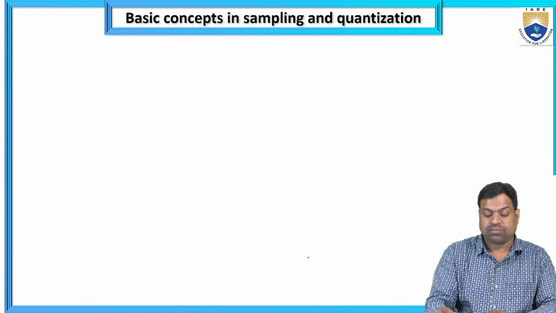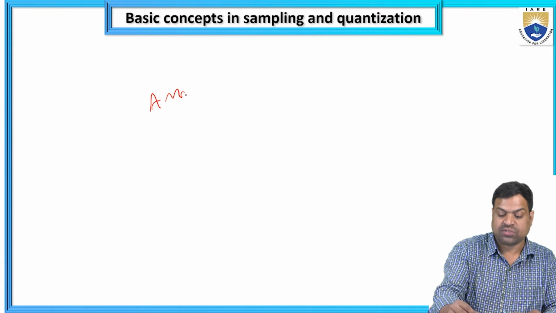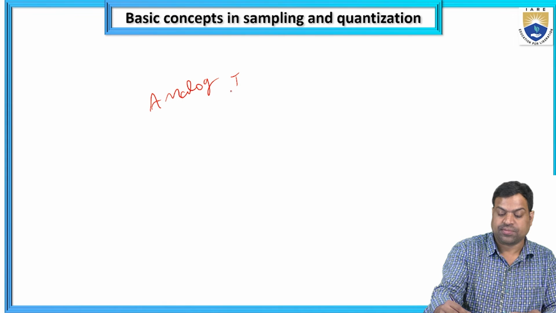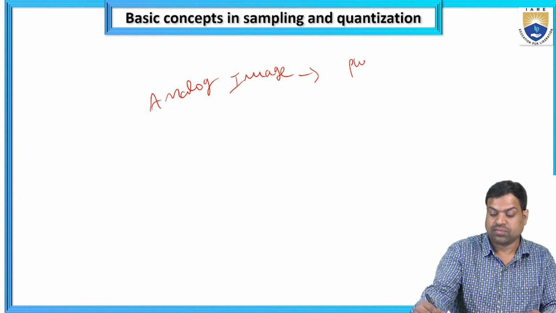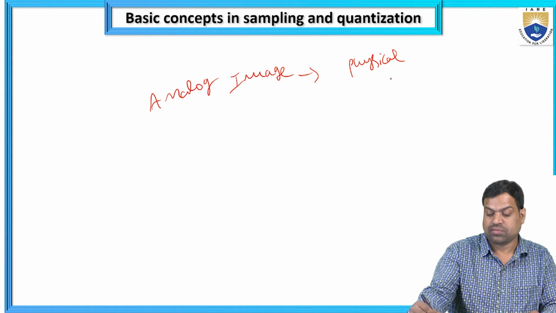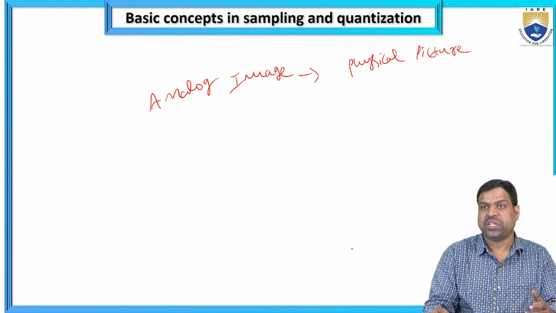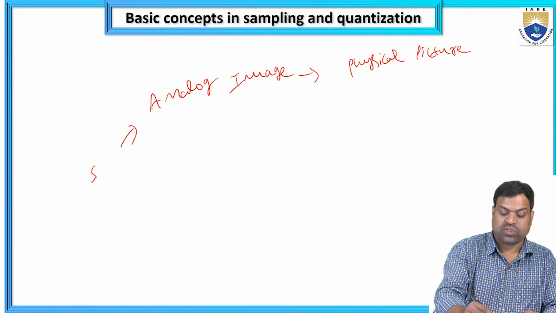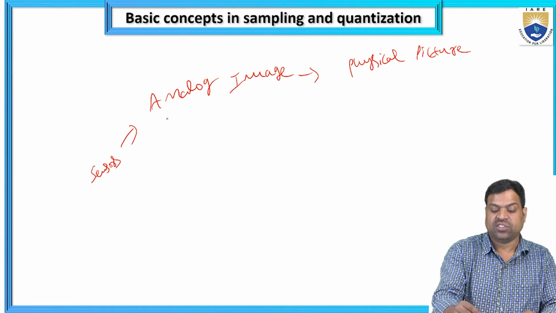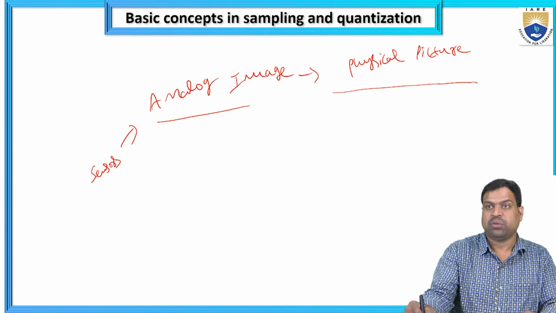So what is the analog image? It is in the form of a physical picture. With the help of sensors, I am capturing the image, that is an analog image, and converting to a physical picture.